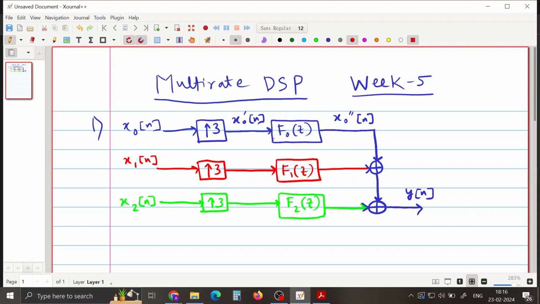And I'll do the same thing for the remaining branches. This is x1 prime of n, this is x1 double prime of n. It's just a notation. Similarly, this is x2 prime of n and x2 double prime of n. Okay, great.